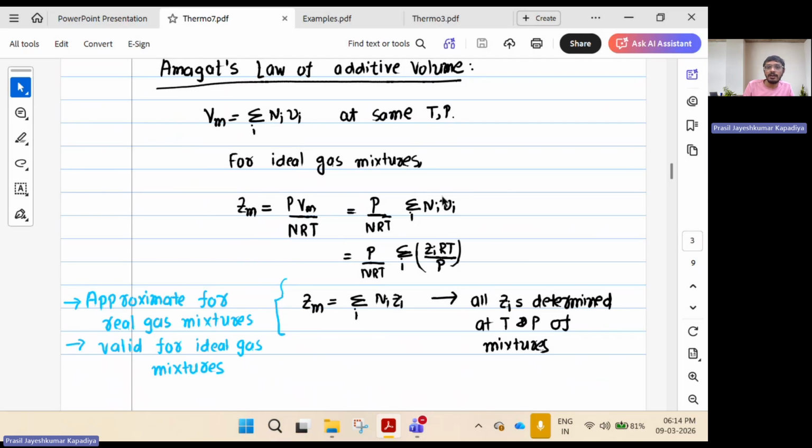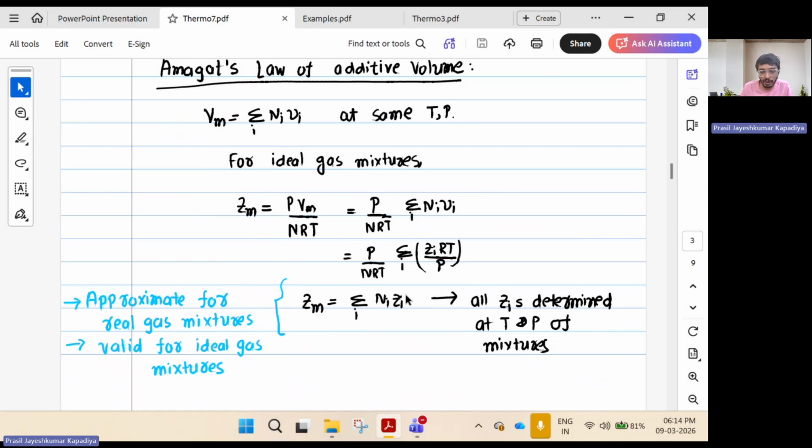Then again, this Vi I can replace with Zi RT by P for the particular component, where the summation is over all components available in the system. For each component Vi, we have that component's compressibility factor value. So for each Vi we use Zi RT by P, and based on that we see that the mixture compressibility factor is the summation of Ni into Zi.